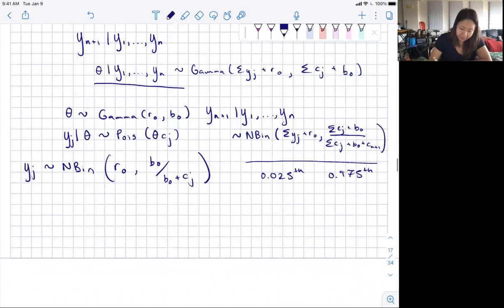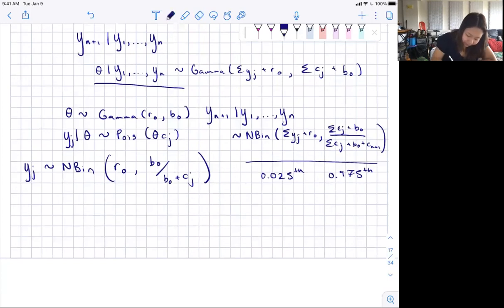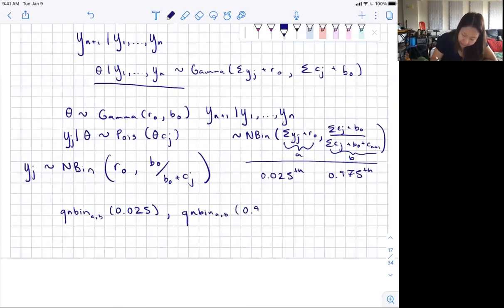So let's call these parameters A and B. The interval is Qnbinom_AB of 0.025, comma, Qnbinom_AB of 0.975.